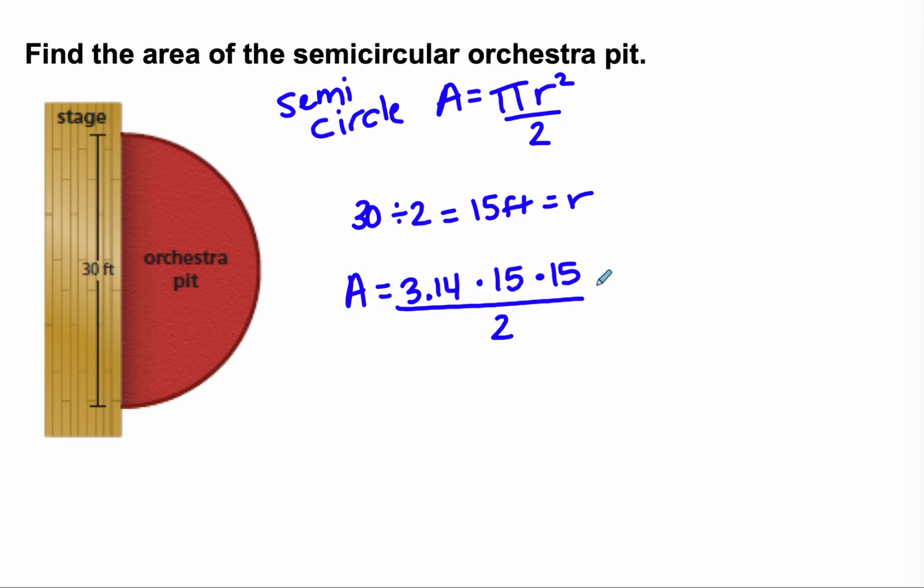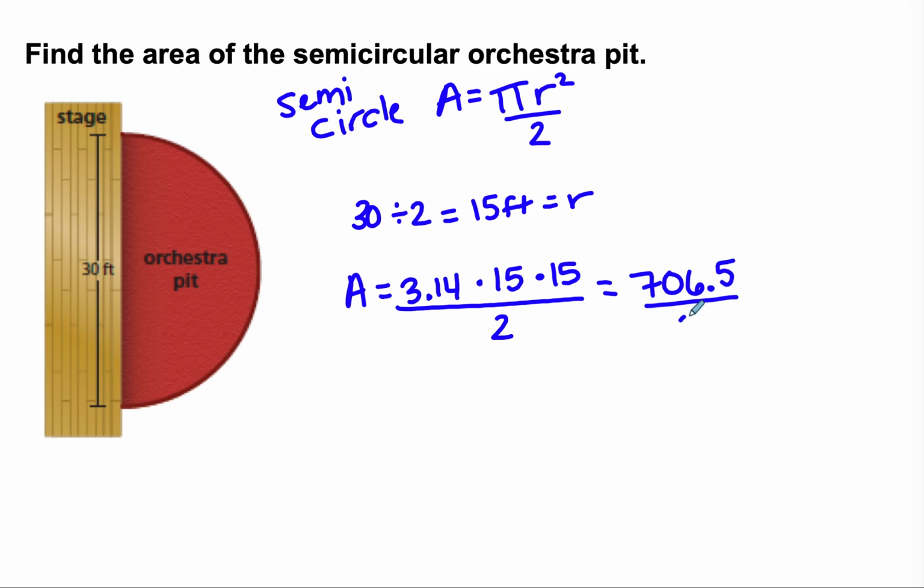And then once I find that, I'm going to divide by 2. All right, so I'm going to do 3.14 times 15 times 15. That is 706 and a half.